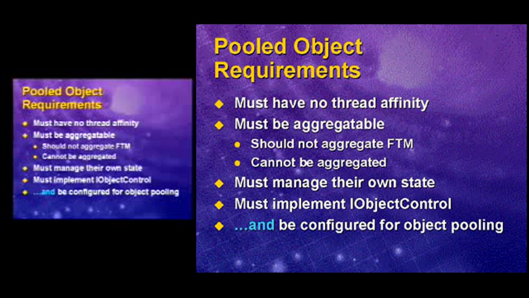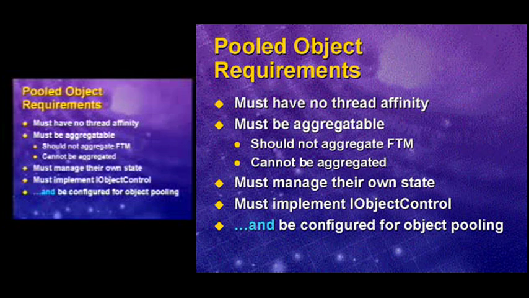The other thing that's kind of interesting is that pooled objects really shouldn't aggregate the free-threaded marshaller. Free-threaded marshaller is a nice way to make sure that all your object references or all the hits to your object are really quick. On the other hand, they interfere with some of the mechanisms that pooled object uses. And so you're not forbidden from it, but you really shouldn't aggregate the free-threaded marshaller in a pooled object. Pooled objects also have to manage your own state.